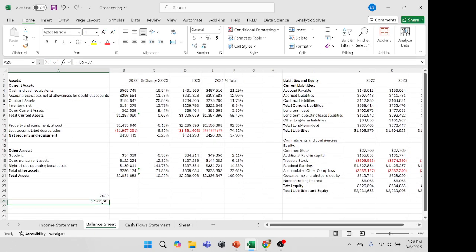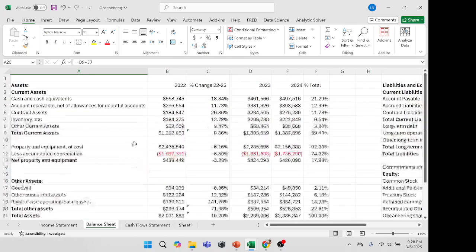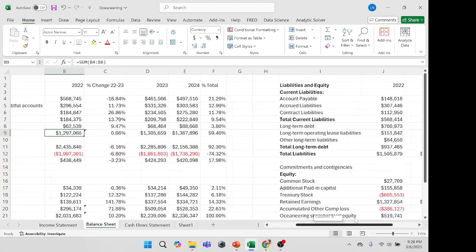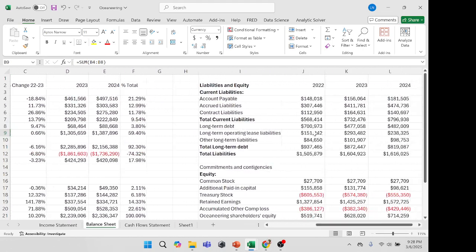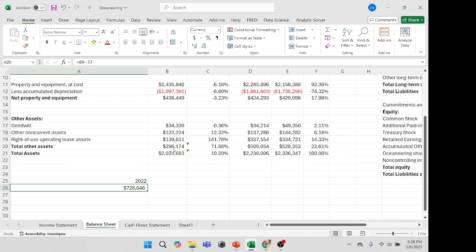And do you see this? They have their working capital. They cover the total of their current liability with their current asset, which is a good sign. And this number is the simplest way of saying working capital.